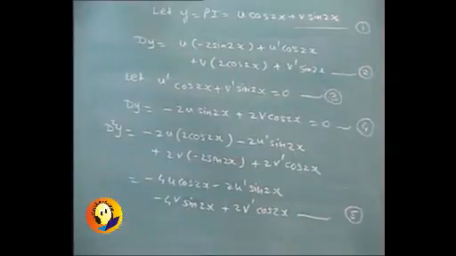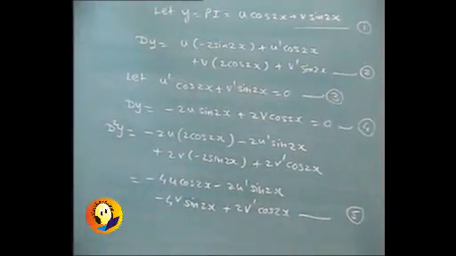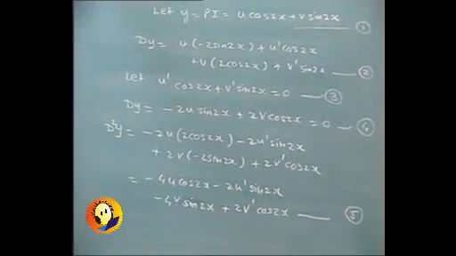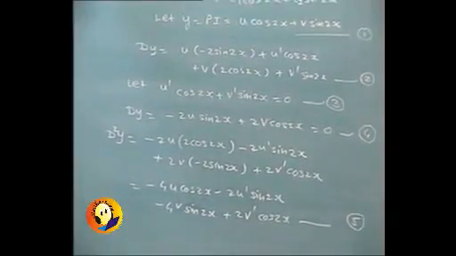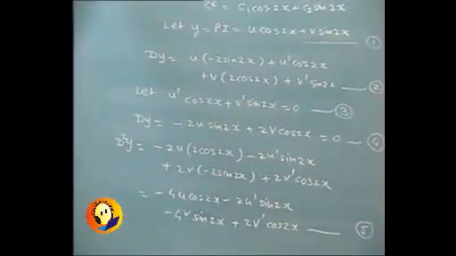We are required to substitute this value of d square y in the given differential equation, which was d square y plus 4y is equal to 4 sec square 2x.